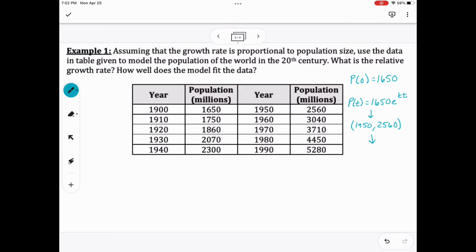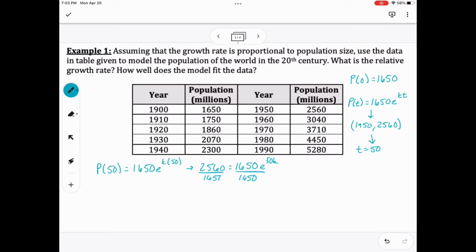Because we're saying that's 0, then 1950, a random point on the table, would be 50 years. You can use any value to set up your k. I just chose 1950 because it was right in the middle and it seemed like a good place to start.